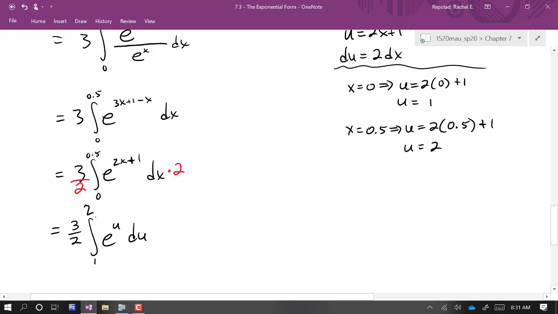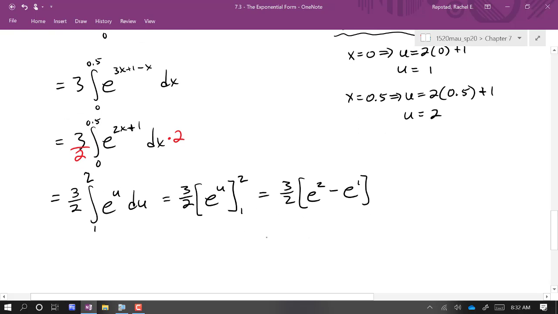Now, the whole point of making the substitution is that this integral should be easier to do. It fits the exponential form. The integral of e to the u is e to the u. It's a definite integral, so I don't need a plus c this time. So 3/2 times e to the u evaluated from 1 to 2. I'm going to plug in my limits. Or 3/2 times e squared minus e.